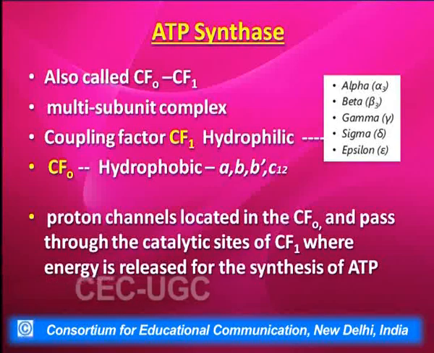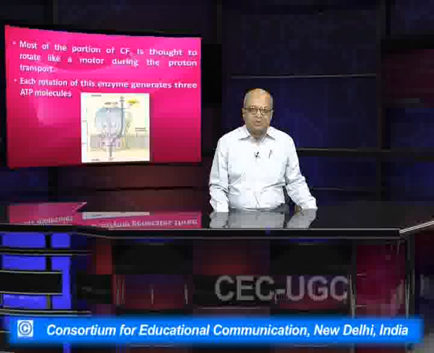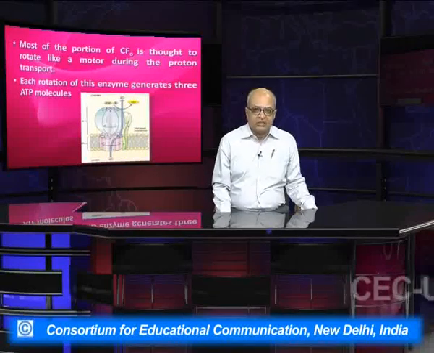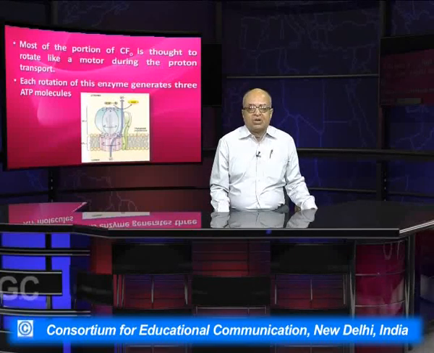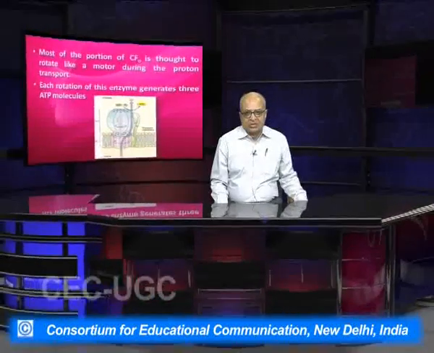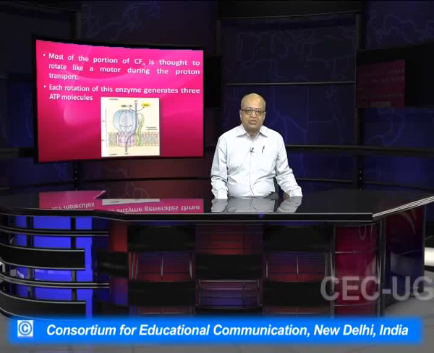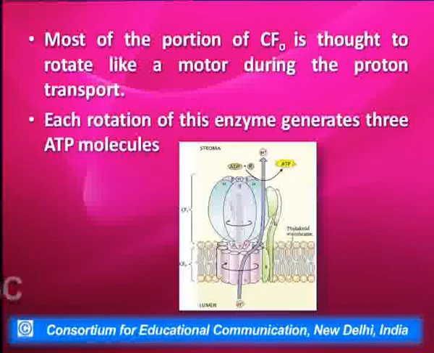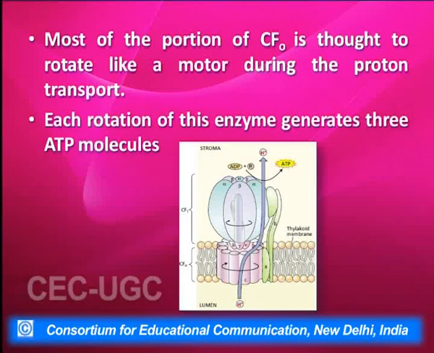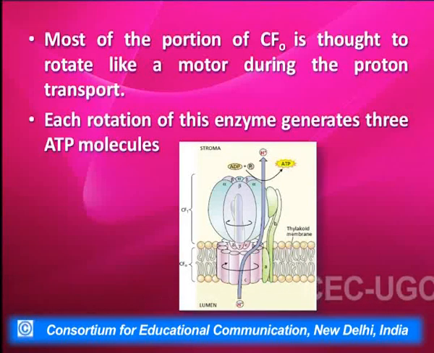So, we believe that this type of arrangement of the channels of the protons is going to be possible by rotation. So, it is like a rotor which moves, and the CF0 has a rotor, and you can see there is a rudder on the upper side also, and it moves, and every rotation of this enzyme is going to generate 3 ATP molecules.